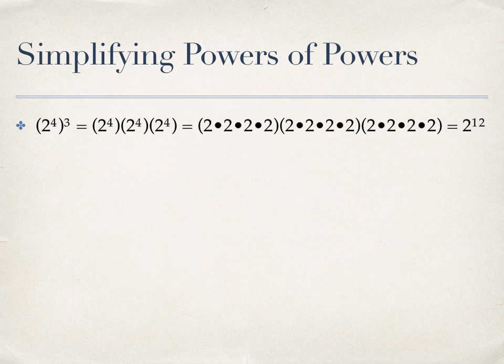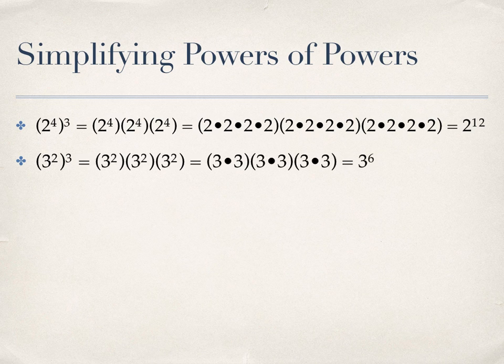And then I've written the expanded form 3 times over of 2 to the fourth. Our final answer is 2 to the 12th. In the next example, we see that 3 squared raised to the third power is equivalent to 3 to the sixth power.